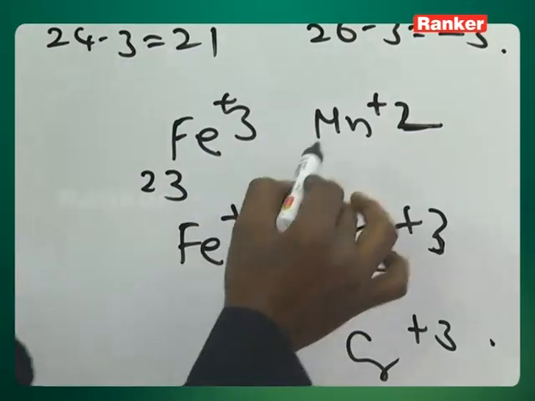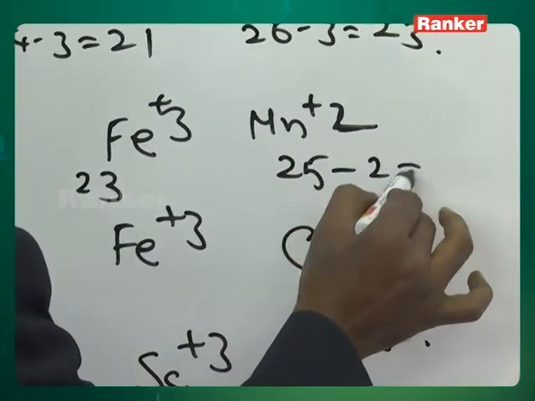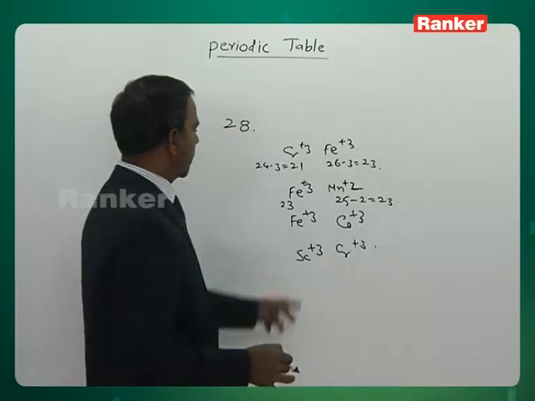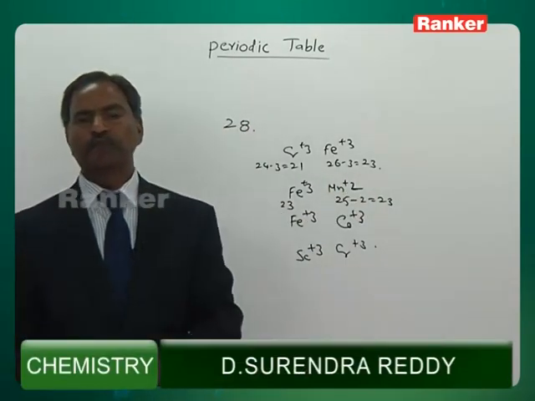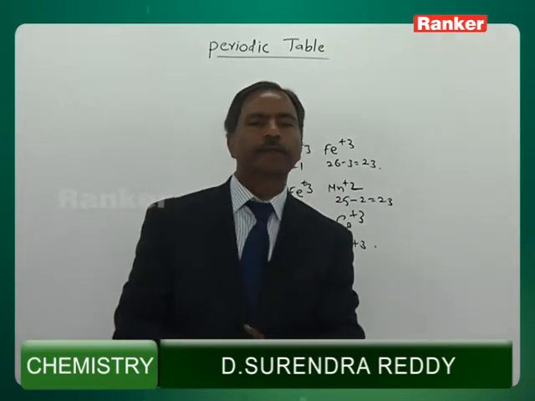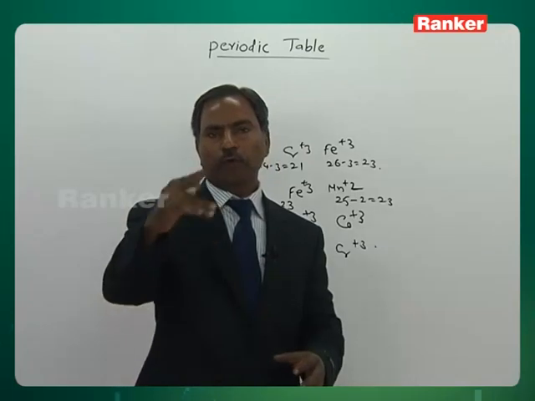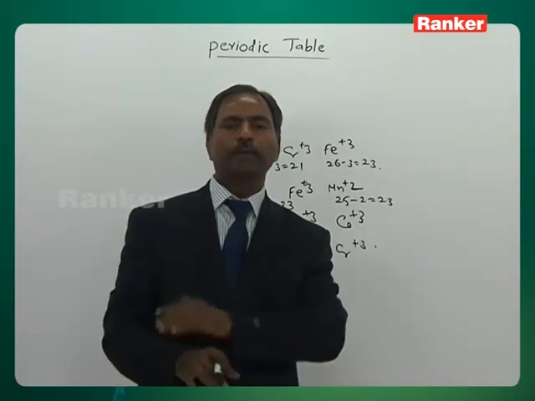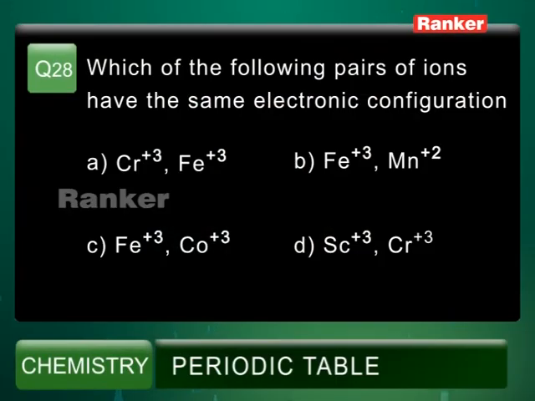Mn is atomic number 25, minus 2 gives 23. See, Fe plus 3 and Mn plus 2 have the same number of electrons. When the number of electrons is the same, the electronic configuration will be the same. Question number 28, the answer is B.